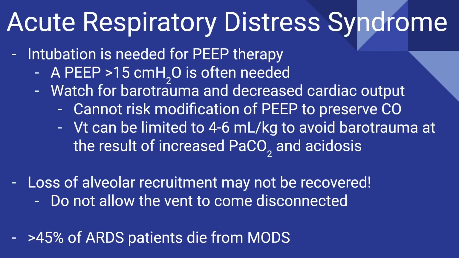So anytime that we lose that pressure, usually through the form of a vent disconnection, so if you have to travel somewhere, or if the vent gets disconnected while turning, we lose a lot of that alveolar recruitment immediately.